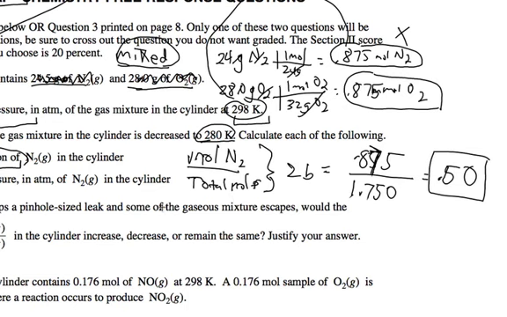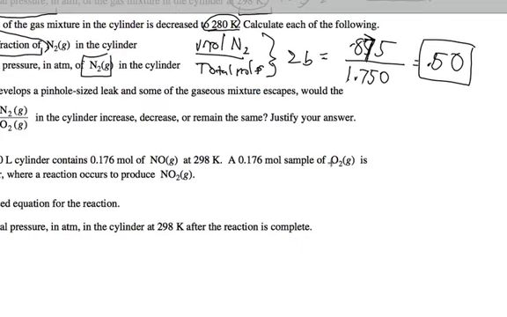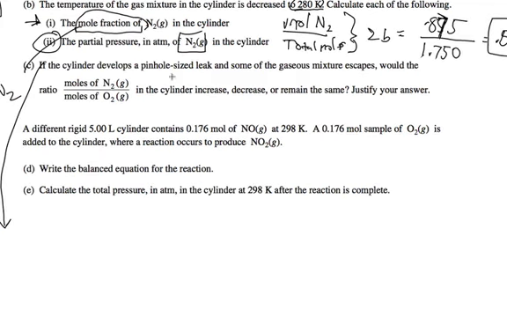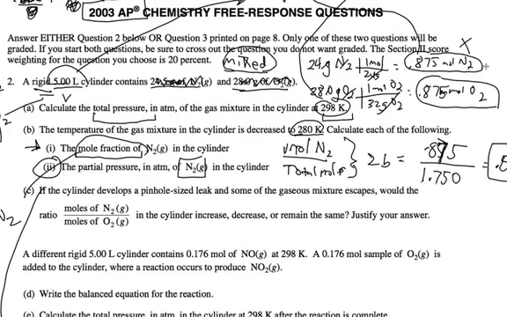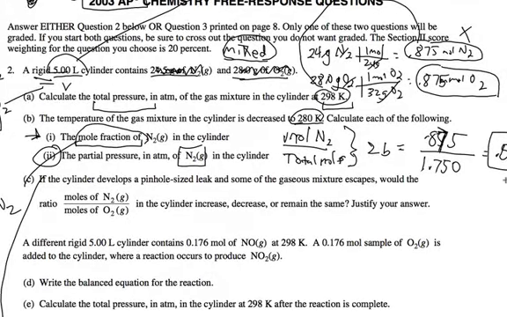Okay, calculate the partial pressure in atmospheres of nitrogen. So I'm going to go down here and do that. For partial pressure, we're in column 2. We now have moles, and we have the temperature, 280 Kelvin. Moles of nitrogen are N2, and total moles are 1.750.